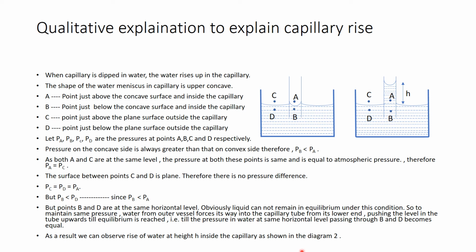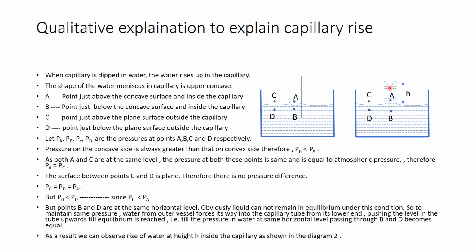So now refer to the diagram number 2. To maintain the same pressure at points B and D, which are at same horizontal level, the water will enter in the capillary from the lower end, and it will be pushing the level of the water in the tube upwards till the equilibrium is reached.